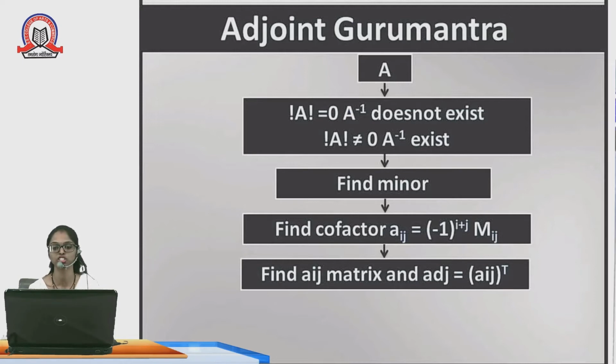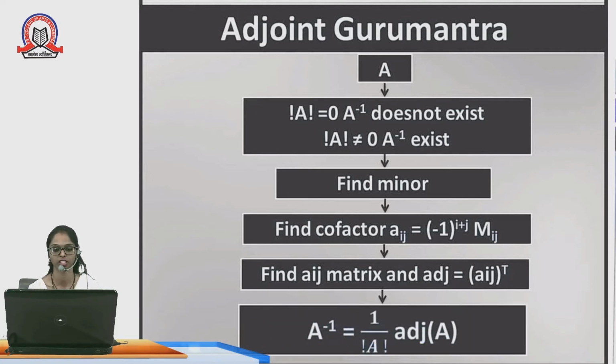Adjoint of a matrix means transposing the rows and columns, and it is denoted by Aij raised to T. Now the last step is A inverse. A inverse is equal to 1 upon determinant of A into adjoint of A.